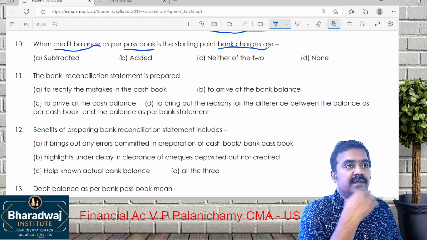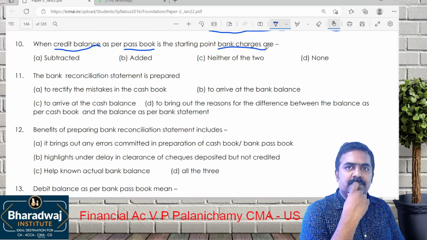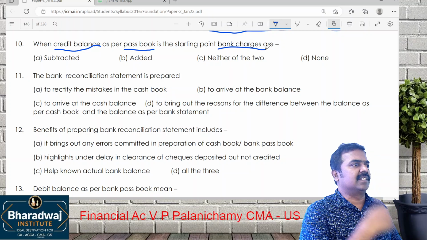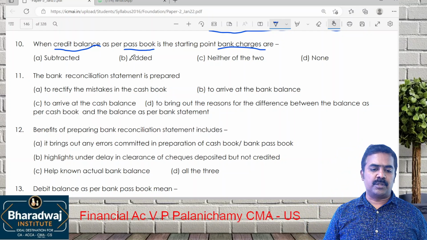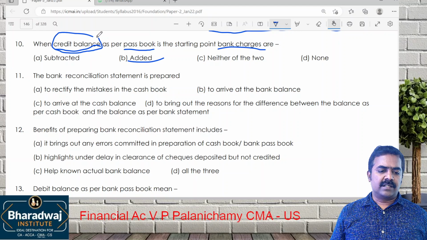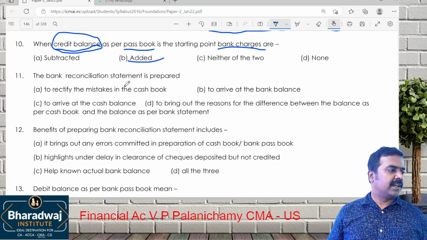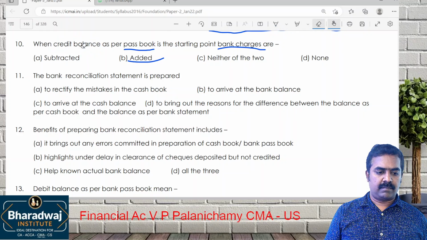Who are we? Banker. When bank charges are levied, what will we do? You would have deducted. Whether the customer has deducted, what we should do? We should add back. Please remember, it is normal balance only. Credit balance as per passbook means, is it OD balance or normal balance? Once again.